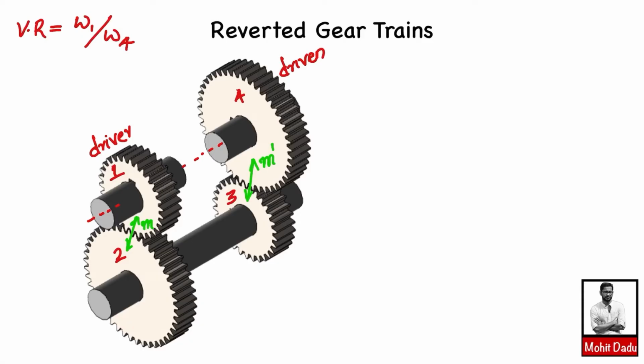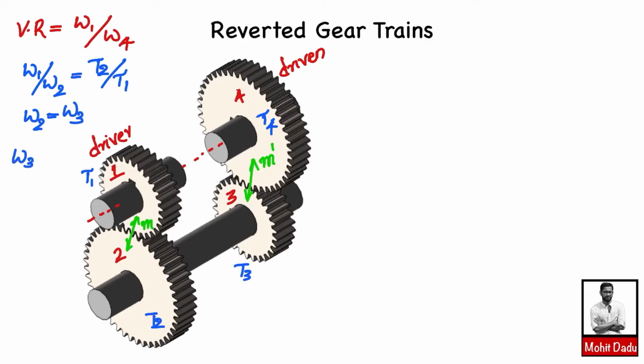Since 1 and 2 are in mesh, if the number of teeth on 1 is T1, and T2, T3 and T4 for the others, then omega 1 by omega 2 can be written as T2 divided by T1. Since 2 and 3 are on the same shaft, omega 2 equals omega 3, and for the mesh between 3 and 4, omega 3 by omega 4 is T4 by T3.